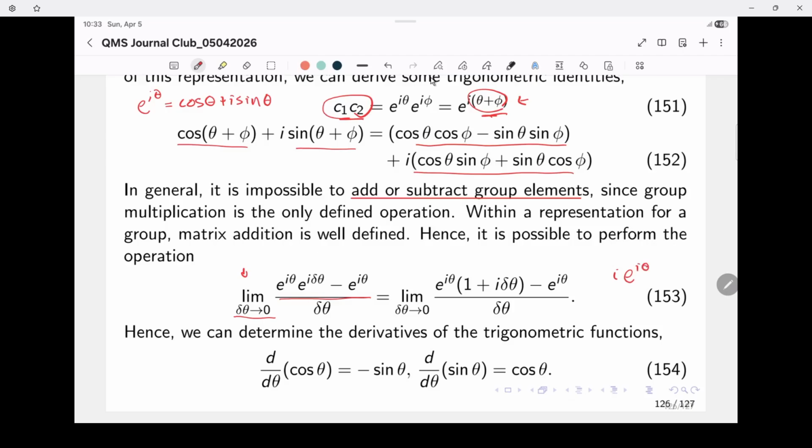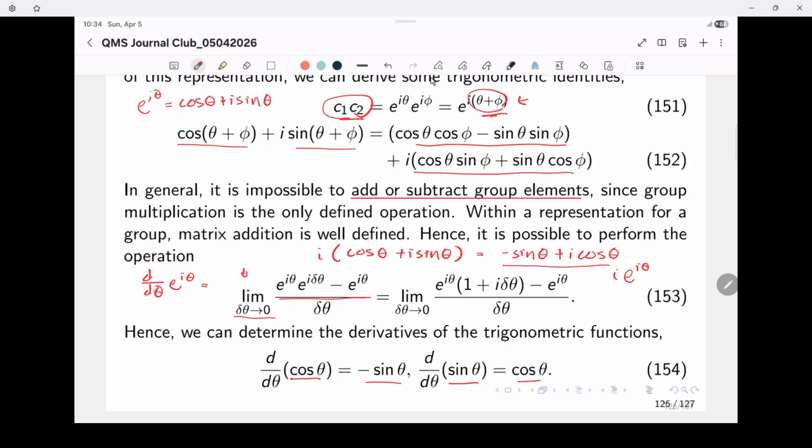And then you can pull out, and this will become minus sine theta plus i cos theta. So originally you have e^(i theta), which becomes something like this. Then by comparison, you will see that your cos theta becomes minus i sine theta, and your sine theta becomes cos theta.